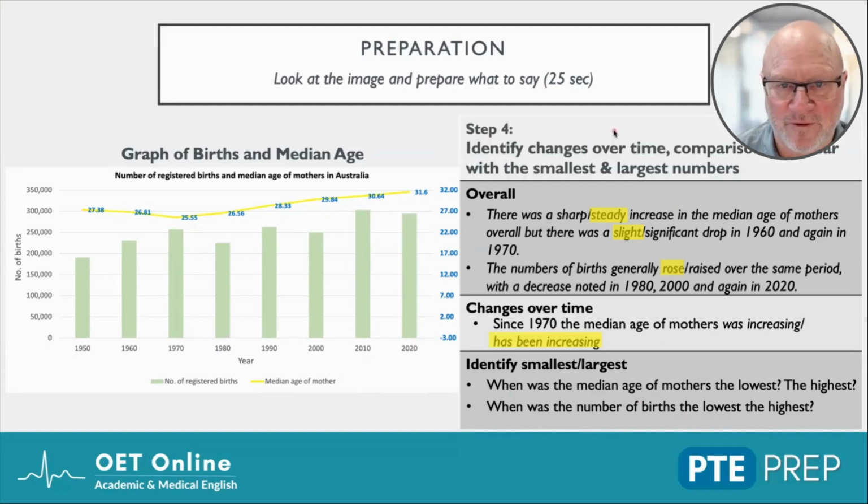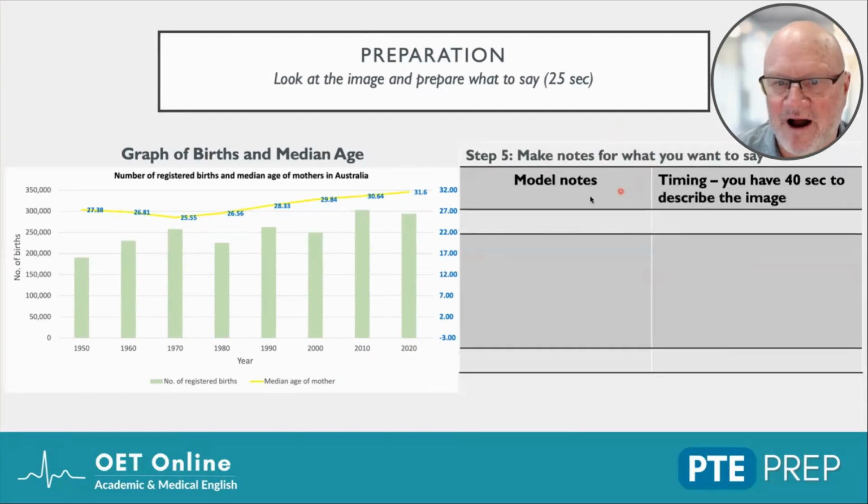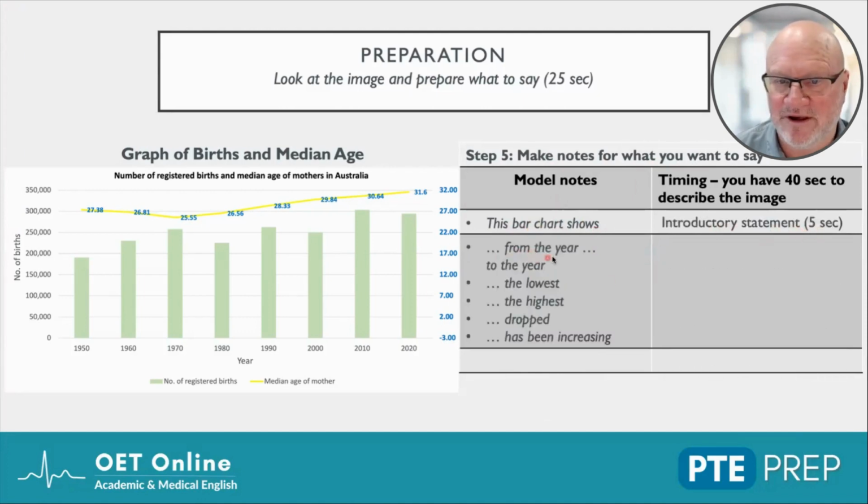That's step 4. Step 5, you may have been taking notes. Just a few very basic things, not too much. This bar chart shows. And then you give your introductory statement. There might be some phrases that you can use: from the year to the year, the lowest to highest, something dropped, something has been increased.